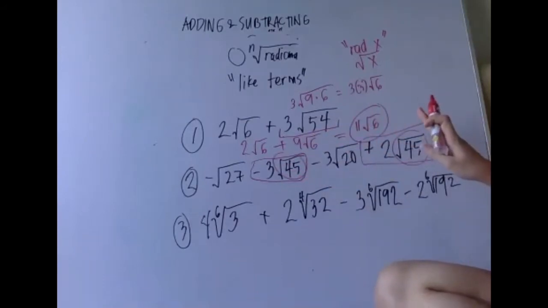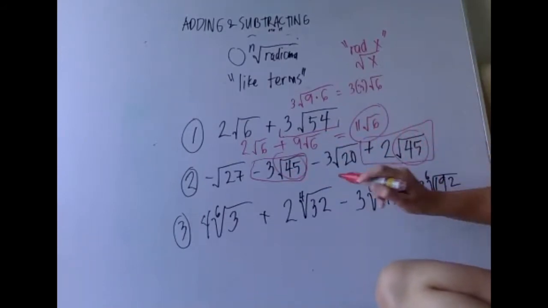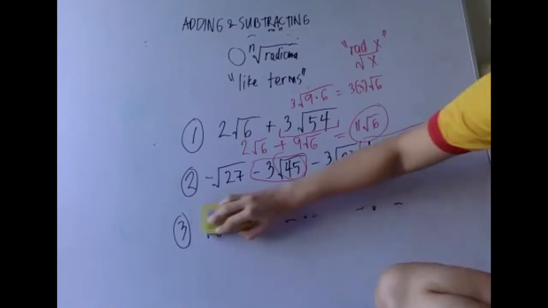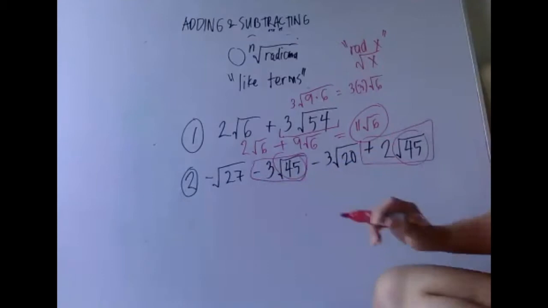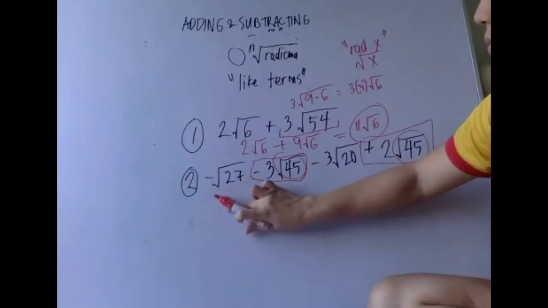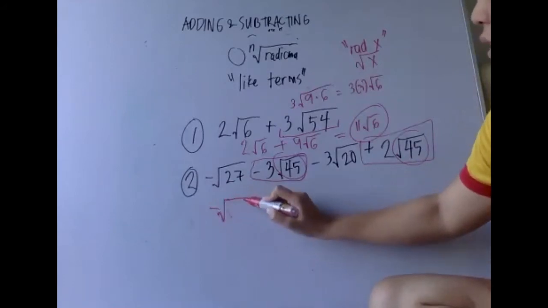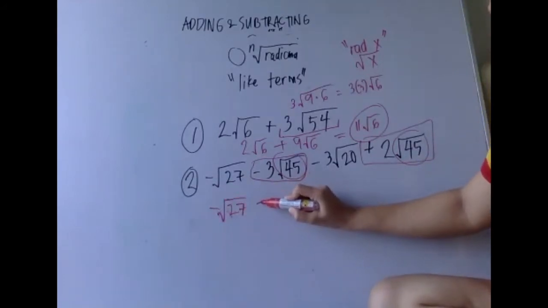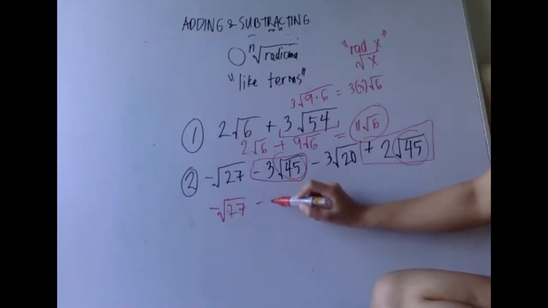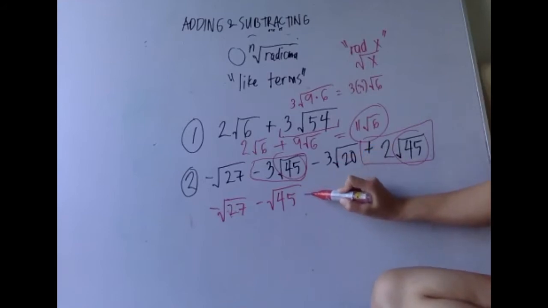So, pwede na natin silang i-combine. We will have negative rad 27, minus 3 plus 2, that's equal to negative 1, or simply negative rad 45. Okay, here, minus 3 rad 20.